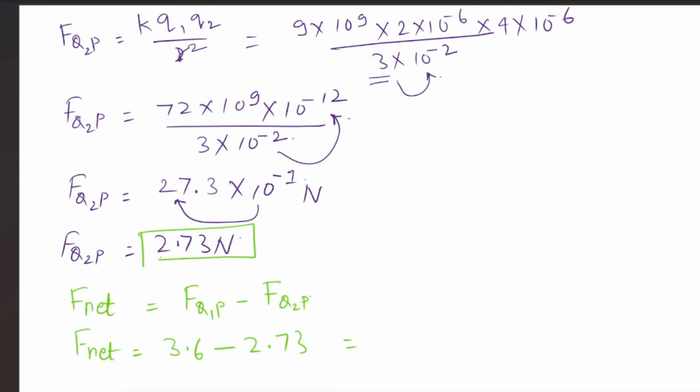We will get here, if we subtract it, we will get 7, then 15 minus 7 will give us 8. So 8, it means 0.87 Newton of force. But the larger force is F1P.